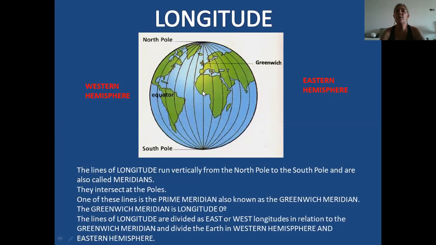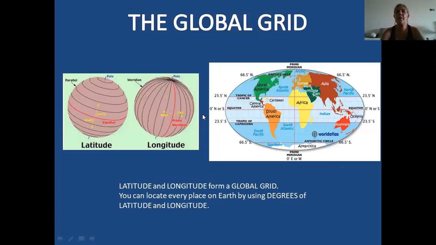So the Greenwich Meridian divides the Earth into the Western Hemisphere, which will be on this side, and the Eastern Hemisphere. Remember this, okay? So the Greenwich Meridian would be longitude 0 degrees.